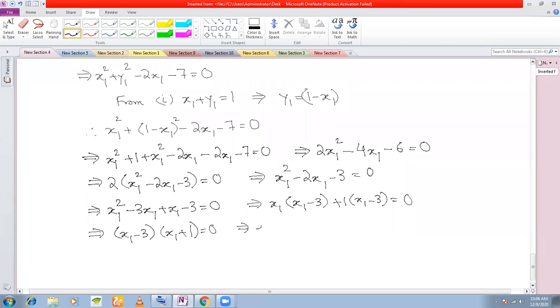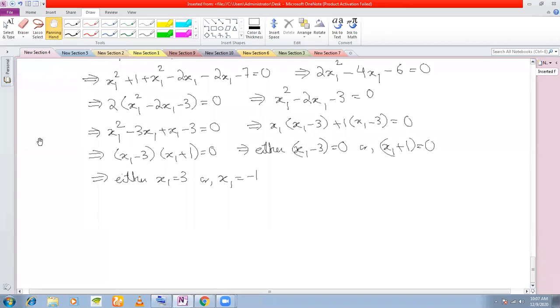That means either x1 minus 3 is equal to 0 or x1 plus 1 is equal to 0. That means either x1 is equal to 3 or x1 is equal to minus 1.